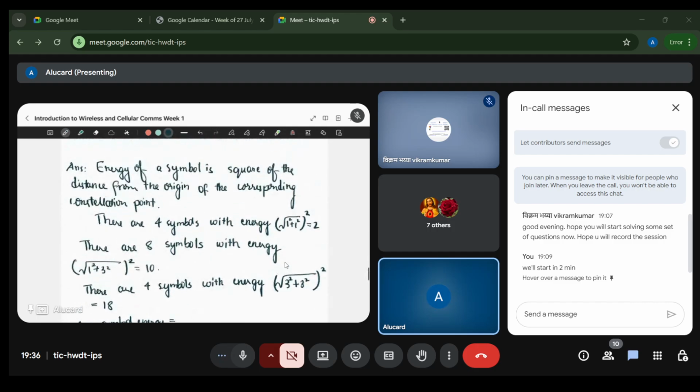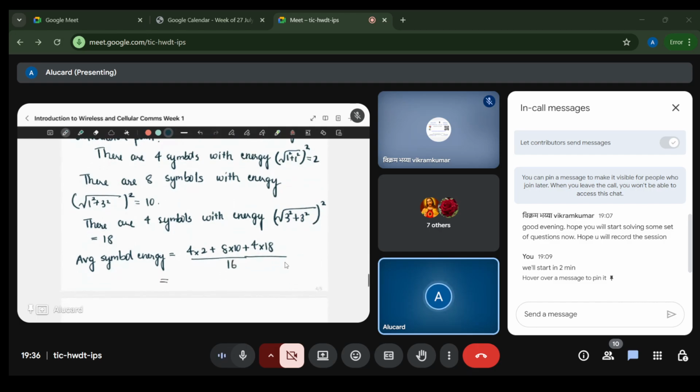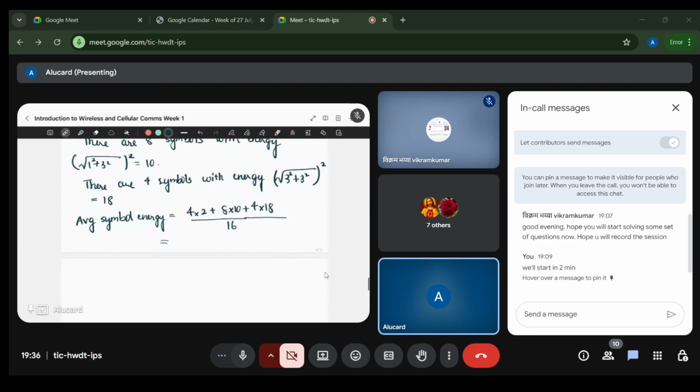Total energy is 4 symbols with energy 2, 8 symbols with energy 10, 4 with energy 18, the whole thing divided by 16. That's 160 divided by 16, which is 10.